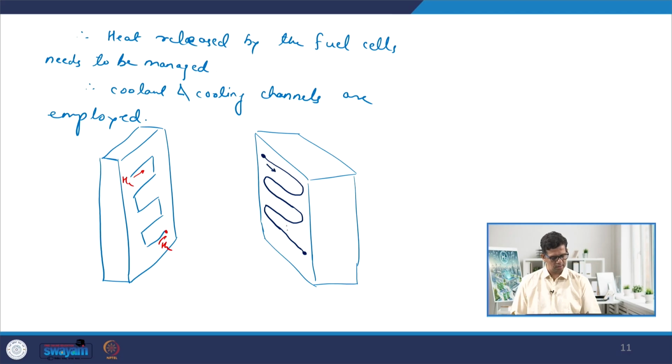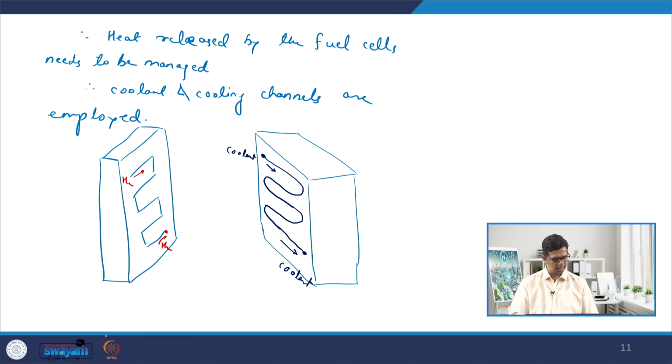So, this is coolant in, this is coolant out. Let me write coolant in and coolant out. Typically in case of low temperature fuel cells, distilled water is used as a coolant. Some oils or some other modified coolants are also used for better heat transfer from the fuel cell.